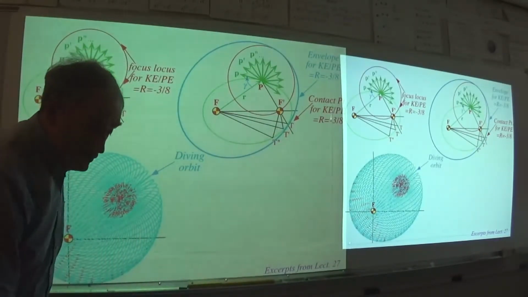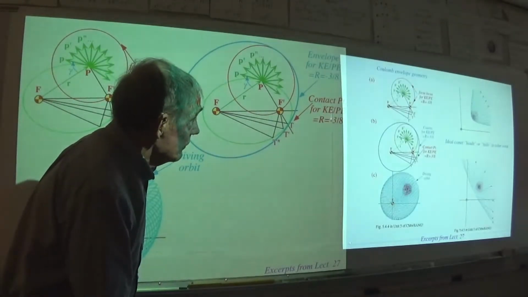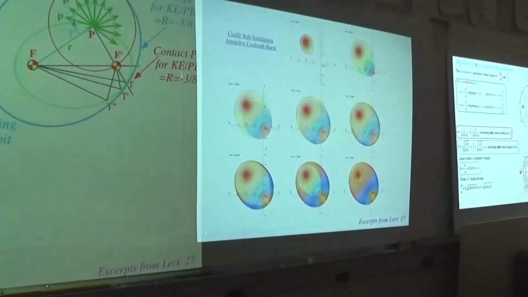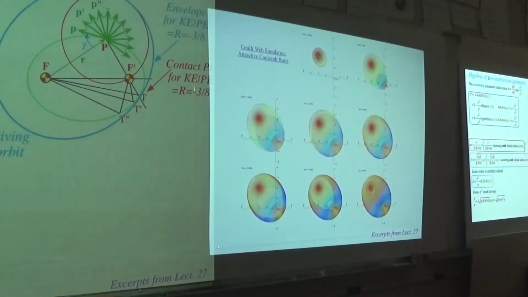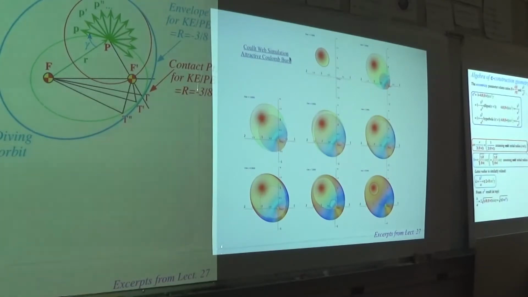So that's the thing to look for in these animations that I'm going to try to show that go with this. Perhaps the most spectacular one is this, and I hope that this machine is fast enough to get us through it, but I'm going to blow up a bomb right here. The Coulomb attraction center is here. It's attraction this time.